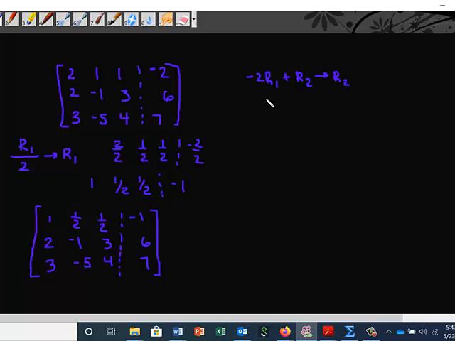So that's going to be -2 times row 1, and this will be -2, -1, -1, and 2, and then we add it to row 2.